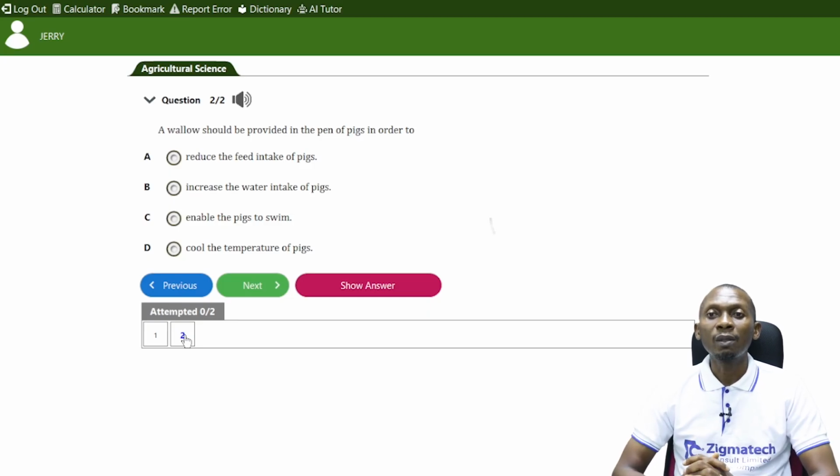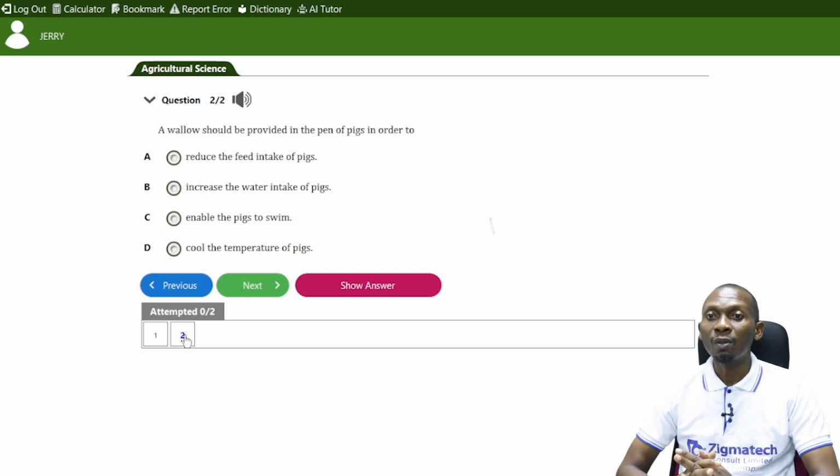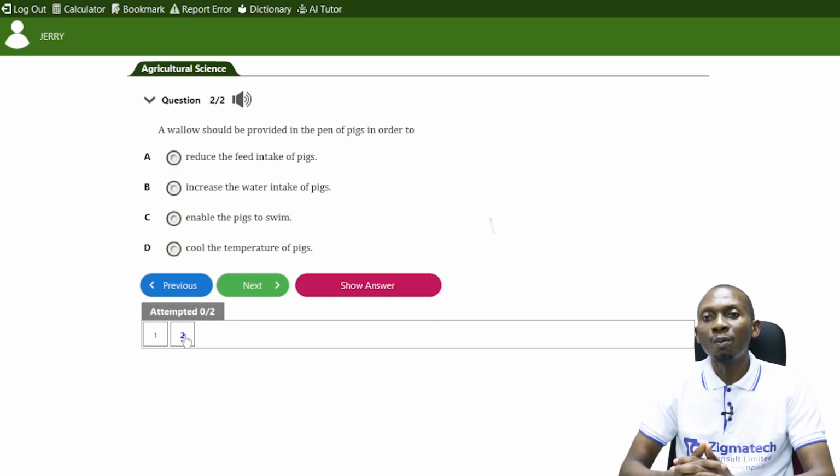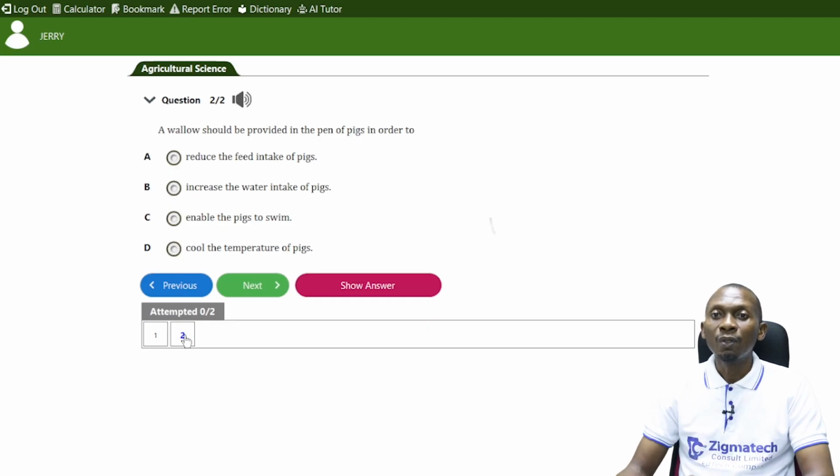I mentioned that wallows are usually provided in pig pens, which is water provided in an excavation within the pig pen, and this helps to cool pigs. So the answer here is D.